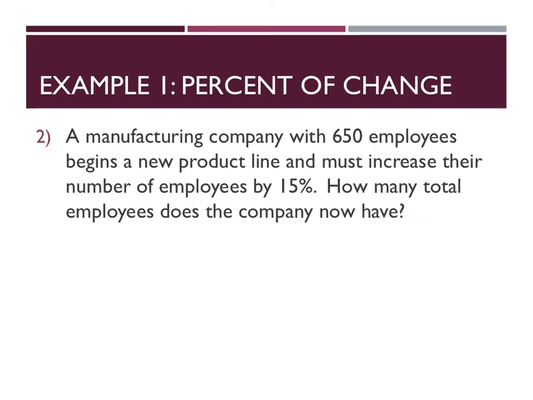A manufacturing company with 650 employees begins a new product line and must increase their number of employees by 15%. How many total employees does the company have now? We know that they need to increase by 15%, so 15 over 100 equals, we know the total number of employees that they have to begin with, which is our original, so 650, but we do not know this change amount.